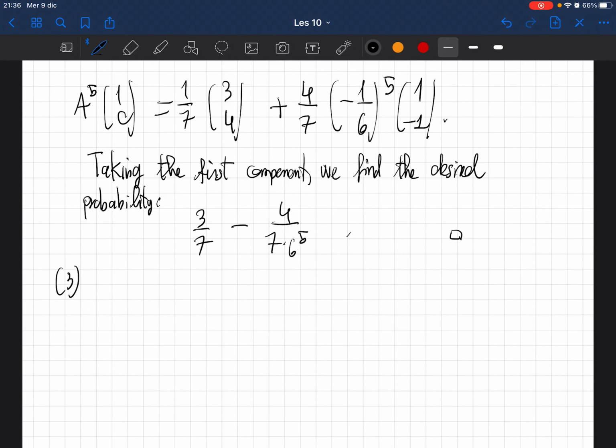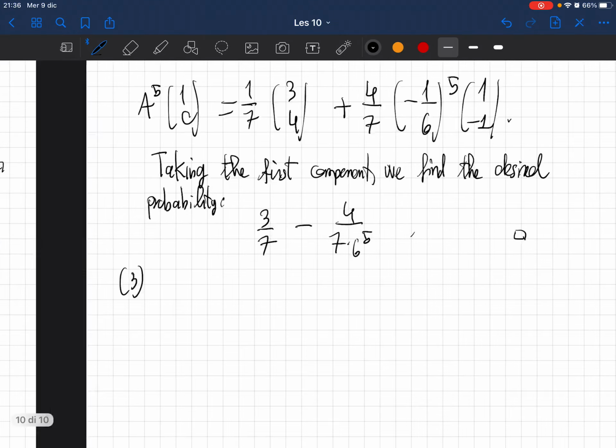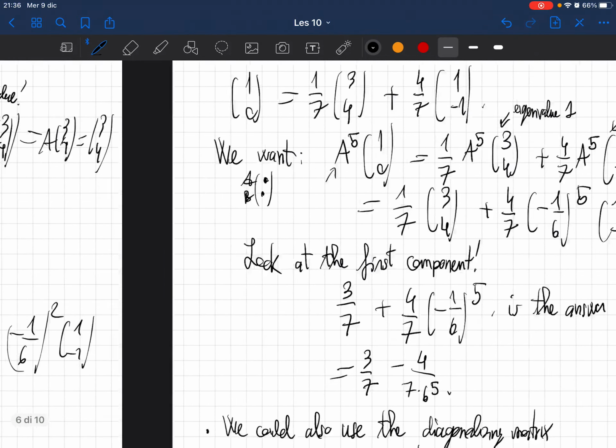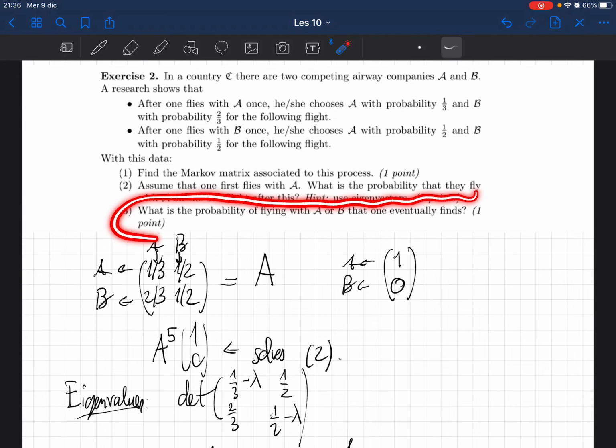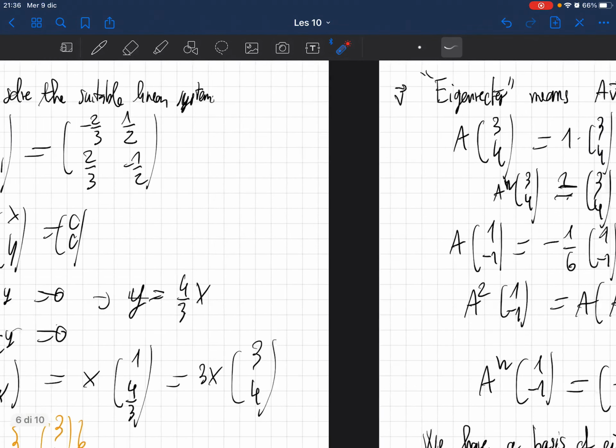So the third, of course, we don't have to, we can invoke the theoretical result. The third was asking what is the eventual probability of flying with A or B that one eventually finds.